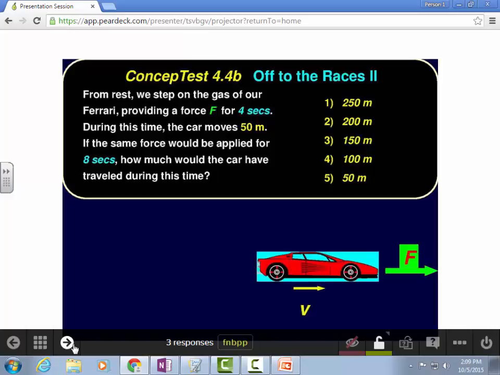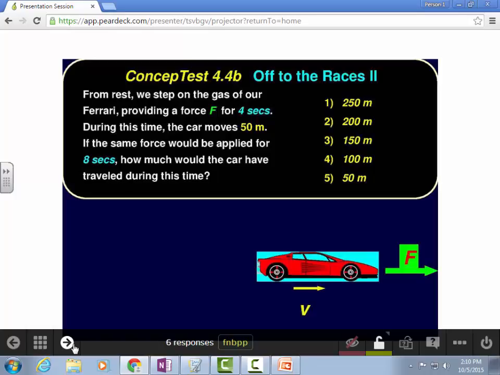Why? Because what is the same? The mass is the same. So same force, same mass, same acceleration. So same acceleration, and you've done what to the time? Double the time. What's going to happen to the distance?